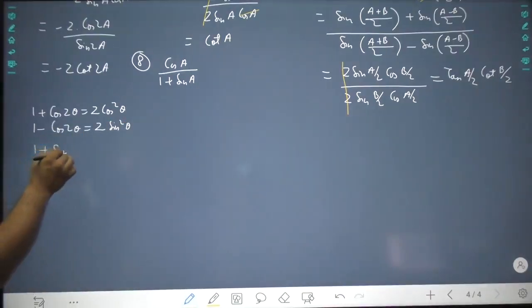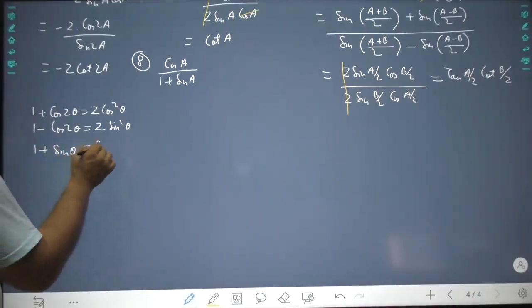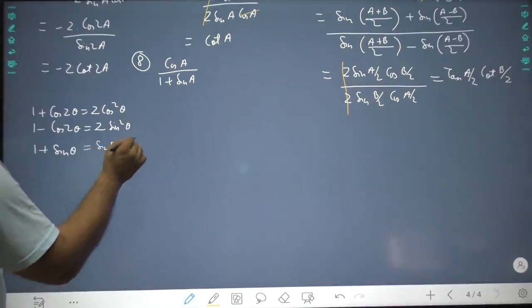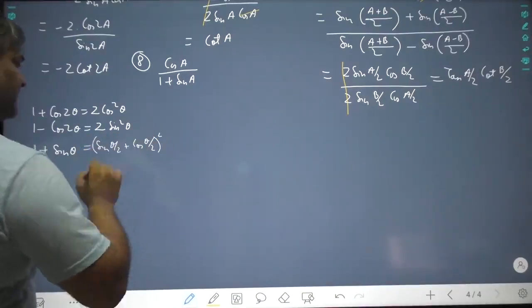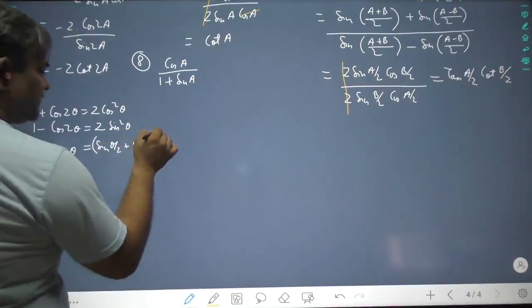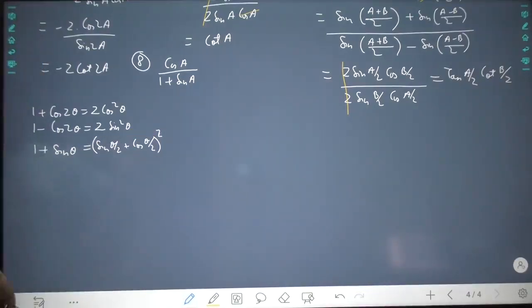Similarly, we have a formula for 1 plus sine theta. If you look at it very closely, you can write it as sine theta by 2 plus cos theta by 2 whole square. Just see this, expand it in the mind.